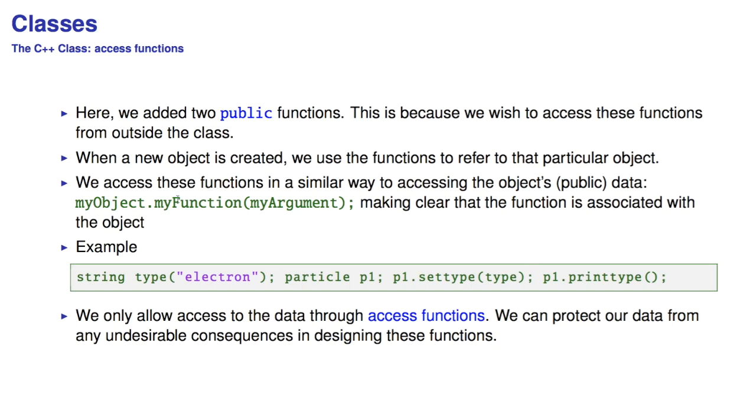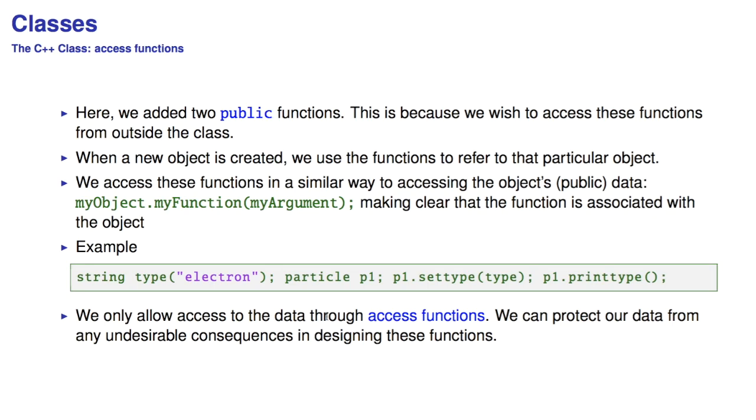So that's the way you call a class function. It says my object, which is of a certain class, and then it calls the function on my object. So that makes it clear that the function is associated with the object. And a simple example would be particle p1, p1.setType(type), p1.printType, and you can clearly see what we do over there.